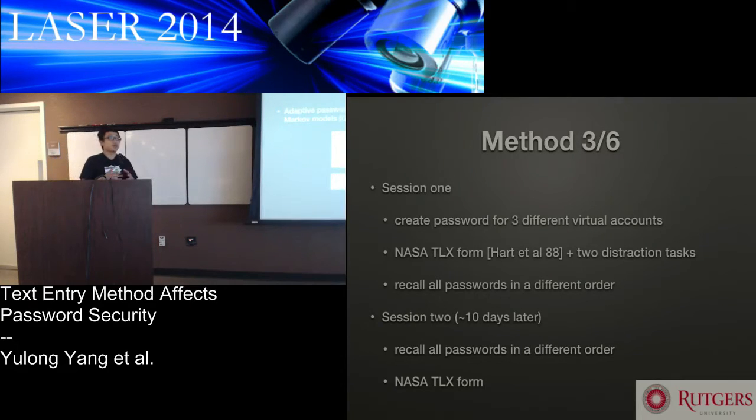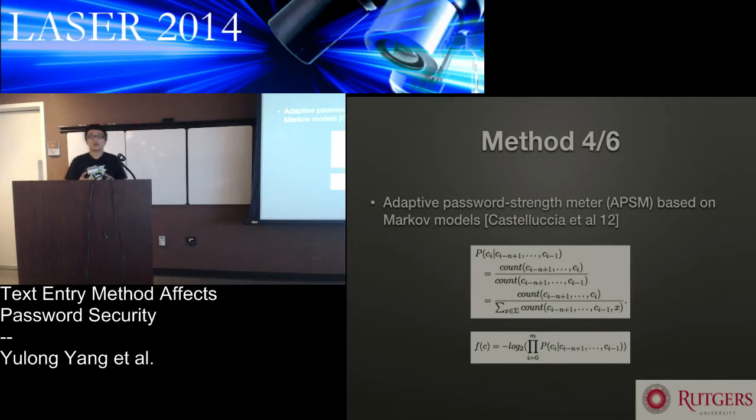To estimate the security of the passwords created in our study, we used 3 quantitative security metrics that are in the literature. First is adaptive password strength meter based on Markov models. It estimates the strength of a password based on the probability of n-grams in the password.